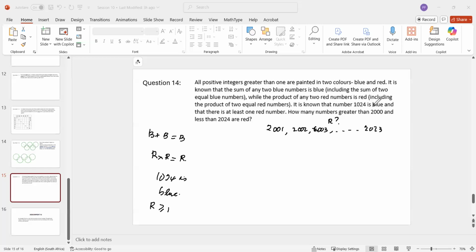Okay, the starting point is that 1024 is actually 2 to the power of 10. It's 2 times 2 times 2, etc. So what does this mean? It says here that suppose 2 is red.